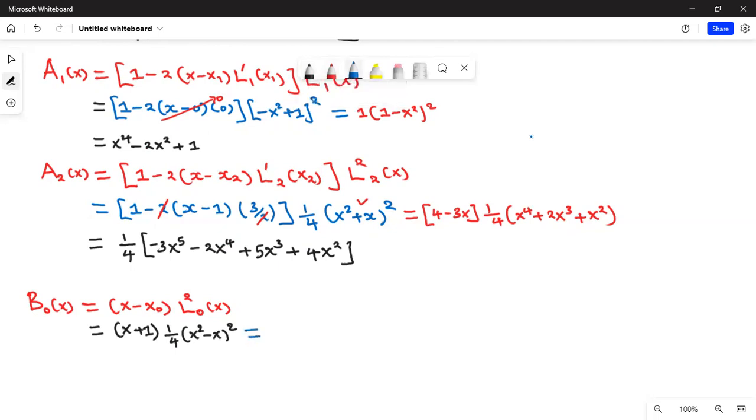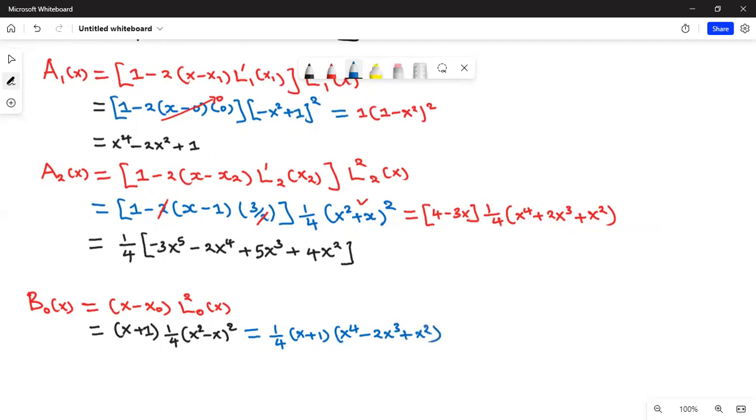Let me expand. When you expand, you're going to get, of course, 1 over 4 x plus 1 into x raised to 4 minus 2x cubed plus x squared.